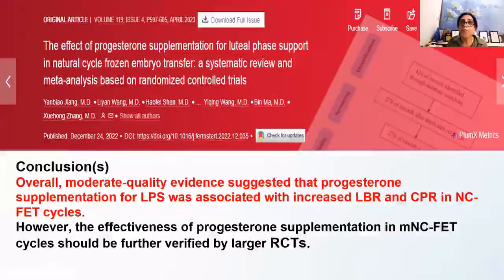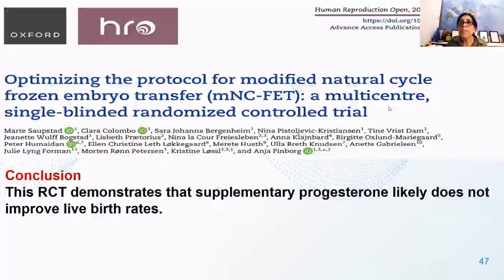Do we need to give progesterone in a modified natural cycle? The evidence is not that strong. And this is an RCT which has just been published in 2026. This is just one of the very few RCTs. There are just 2 or 3 RCTs which have discussed this topic of giving luteal phase support in modified natural cycles.